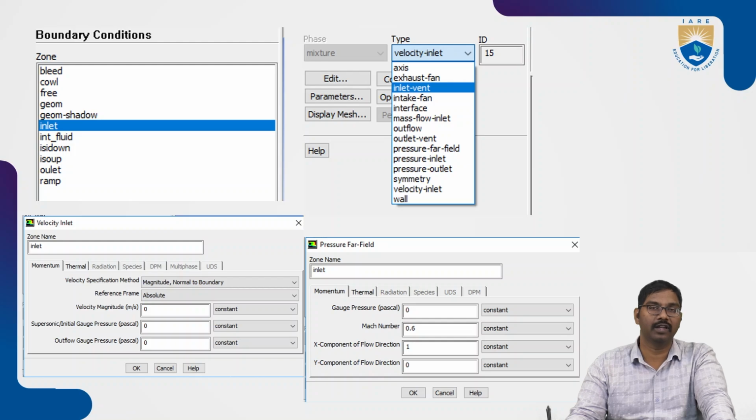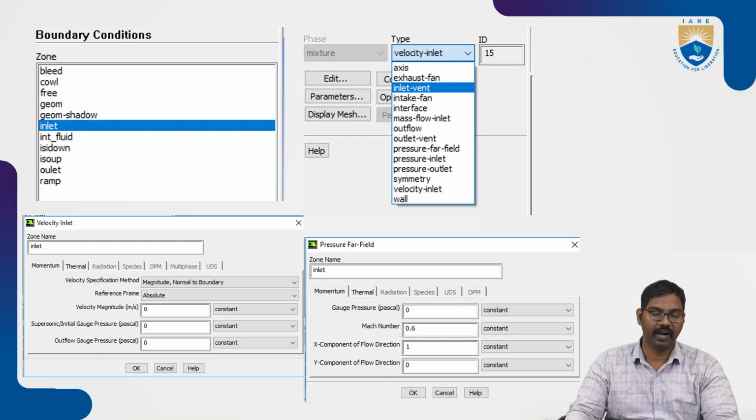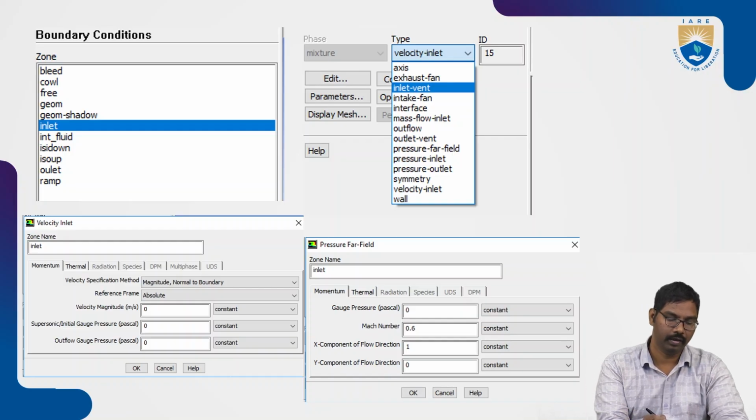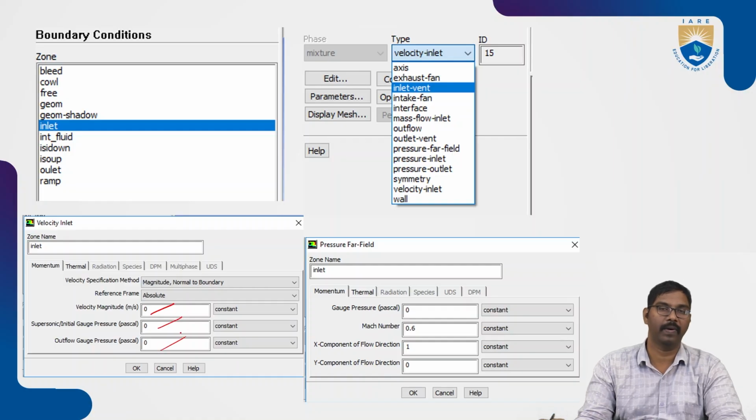Similarly, as said, the boundary conditions play a vital role in obtaining a convergent solution. So whether you have defined the inlet as velocity inlet, or mass flow inlet, or pressure far field, because each boundary will have different initial conditions. For example, if you are taking the velocity inlet, you have to define the velocity, pressure and other parameters.